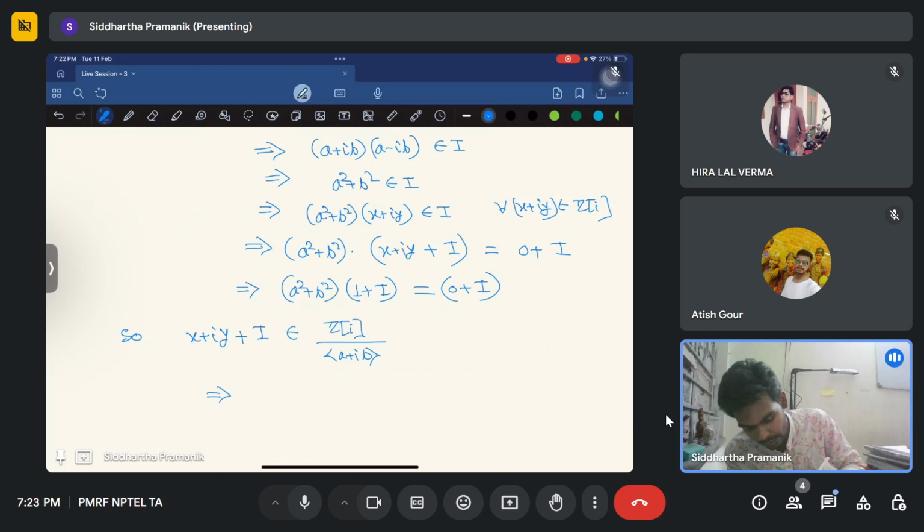that will imply x is in the set 0, 1, up to a square plus b square, and similarly for y also.